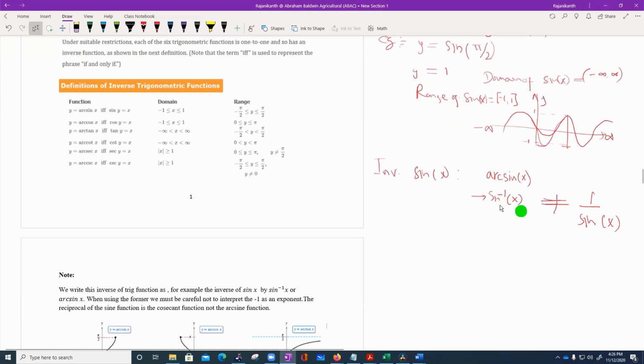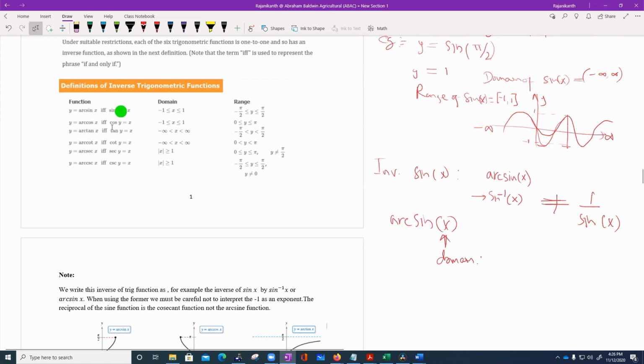But here, say you are given the arcsine function. Now this is nothing but the inverse of the sine function. Again, this is also a function, right? Now for this function, what is the domain? The domain is basically going to be the range of the sine function. You have to flip around the domain and the range of the actual function to define the domain and the range of the new function, which is the inverse function.